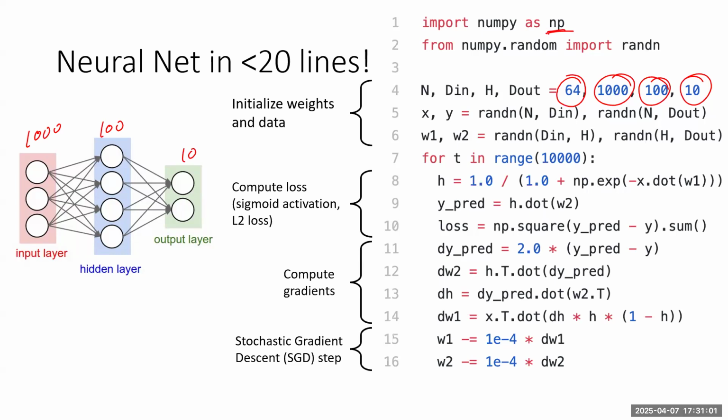The samples we will use will be generated randomly. So I will generate 64 samples. Random samples follow normal distribution for inputs and for outputs. The value of W's, W1 and W2, has to start randomly.